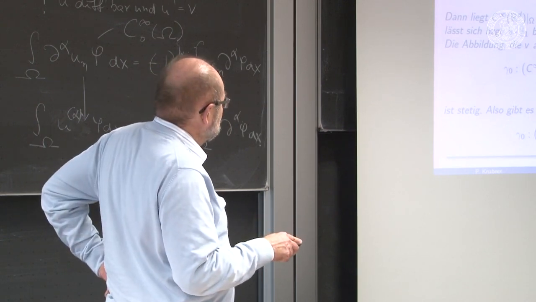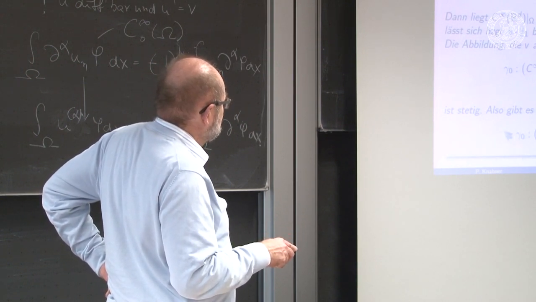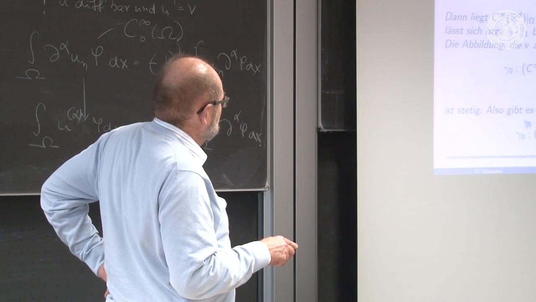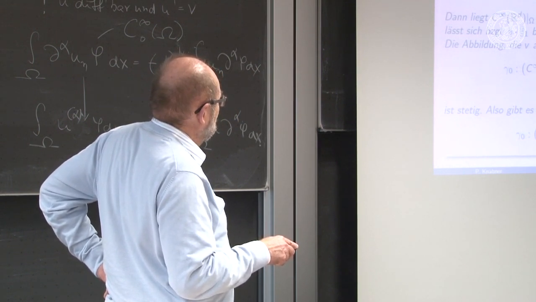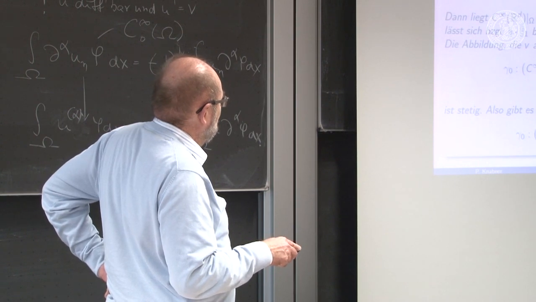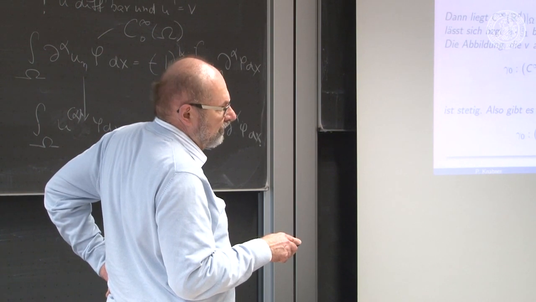How would I do this in general? Of course, I want to define this mapping for a larger set. So what I would do is first take my general H1 function, and approximate it by a sequence of smooth functions.